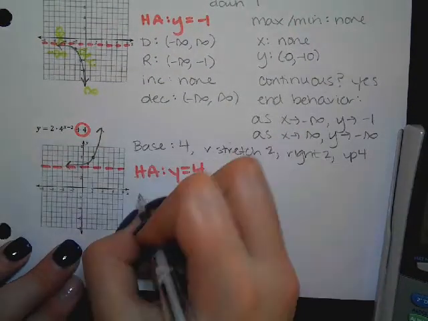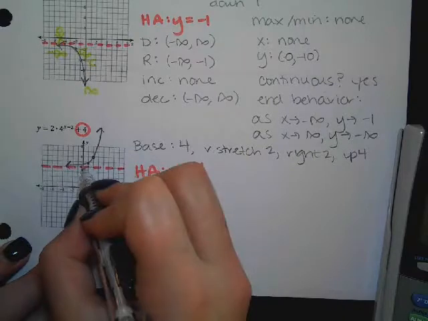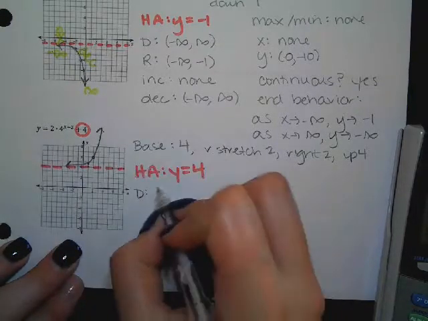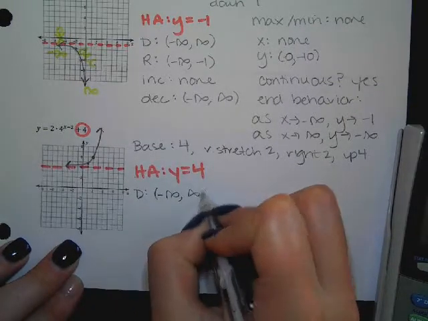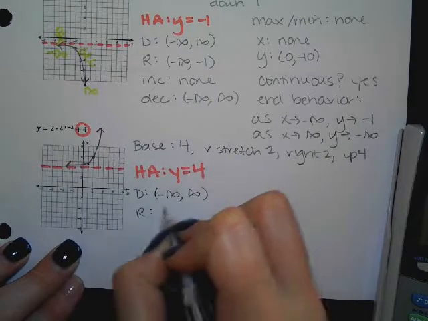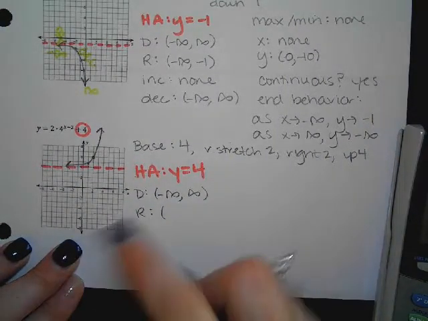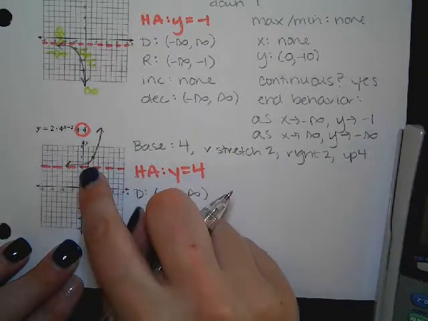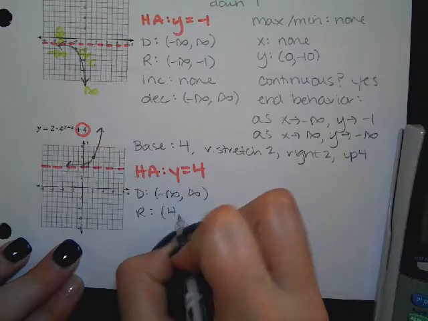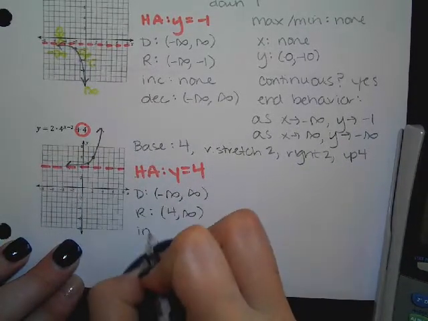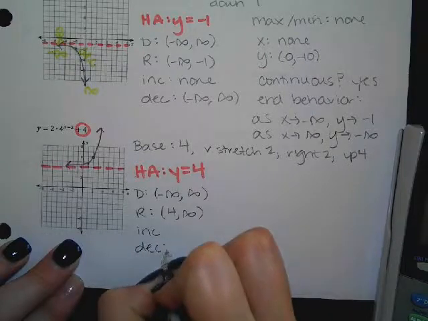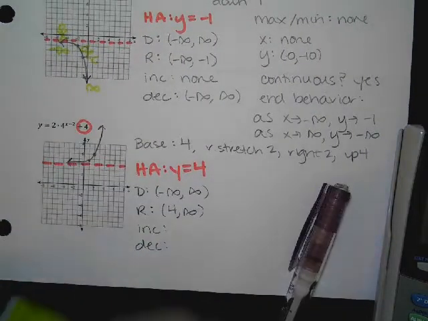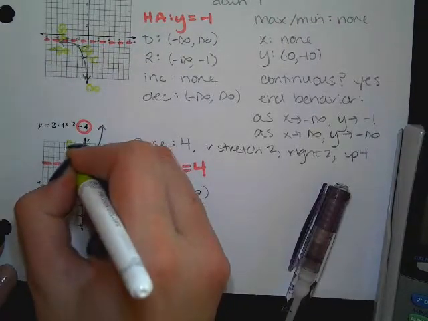Okay, so domain: this graph goes left forever and it goes right forever. Range: this graph does not go down forever, it only goes down to 4, but it goes up always. For increasing and decreasing, I'll go ahead and draw my little stick figure.